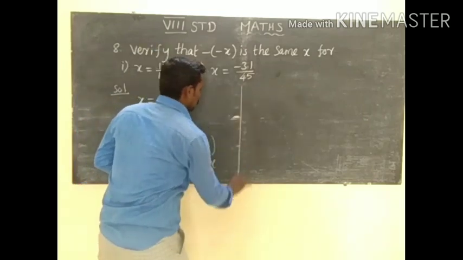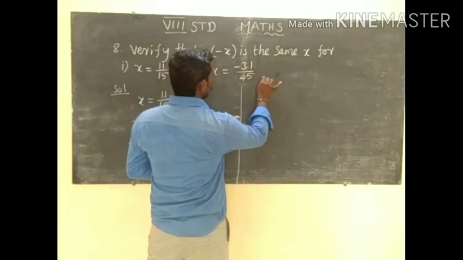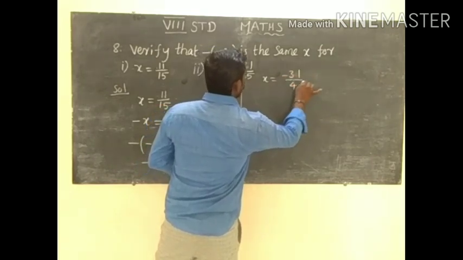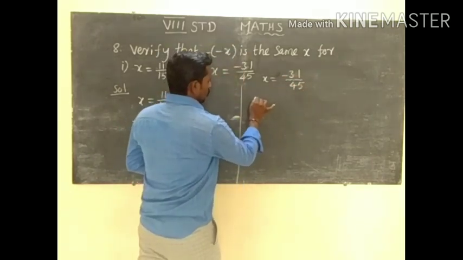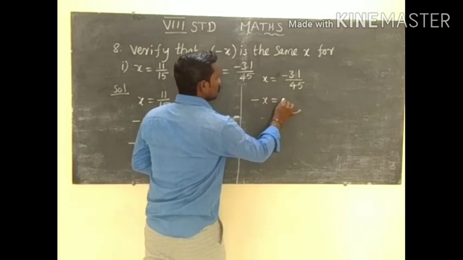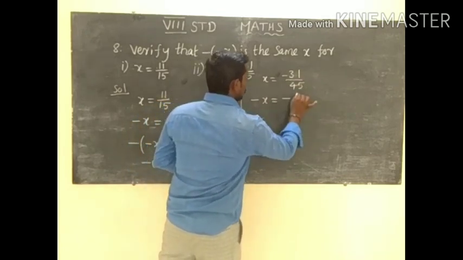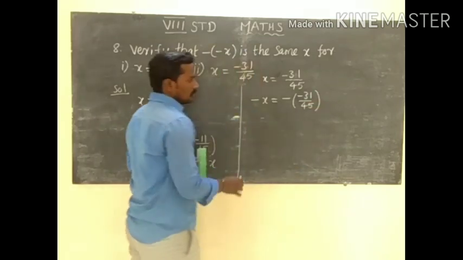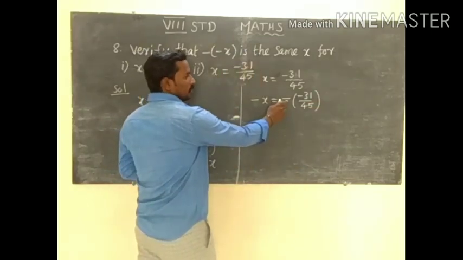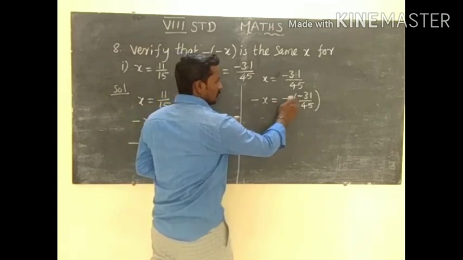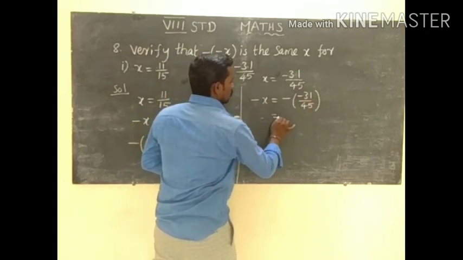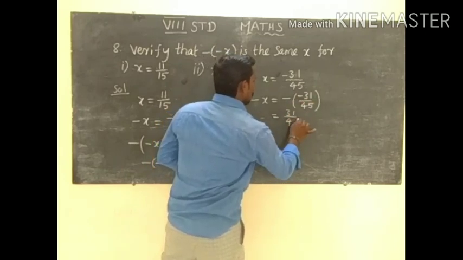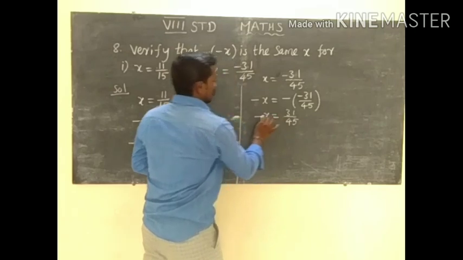Then the second question, x is equal to minus 31 by 45. So minus x is minus 31 by 45. Minus of minus x is minus into minus, plus 31 by 45. This is the answer of minus of minus x.